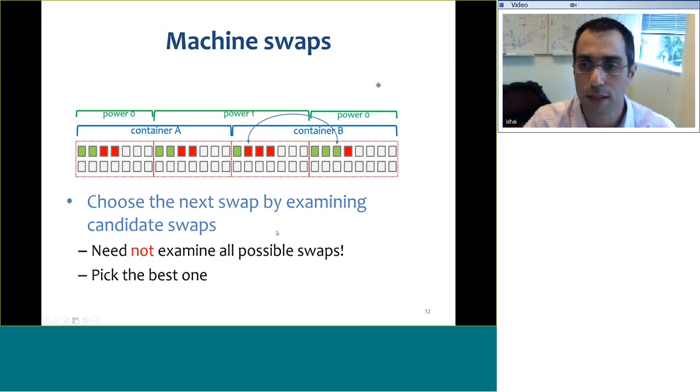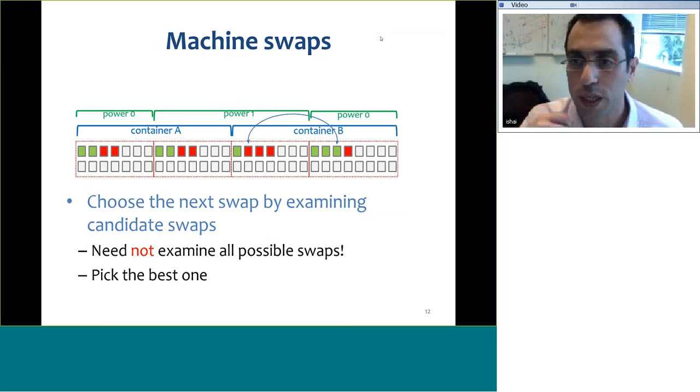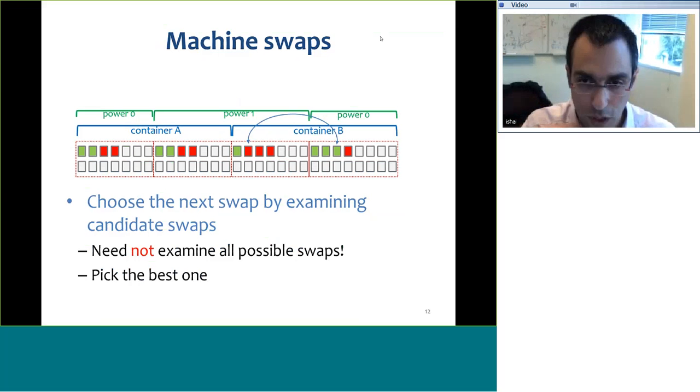So as I promised, and there was a question before, what is a move here? The simplest move that we can think of is what we call a swap. So here we have two services, the red service and the green service, and a swap is basically taking one machine that belongs to the red service and giving it to the green service and vice versa. Okay, let's see if the animation works.